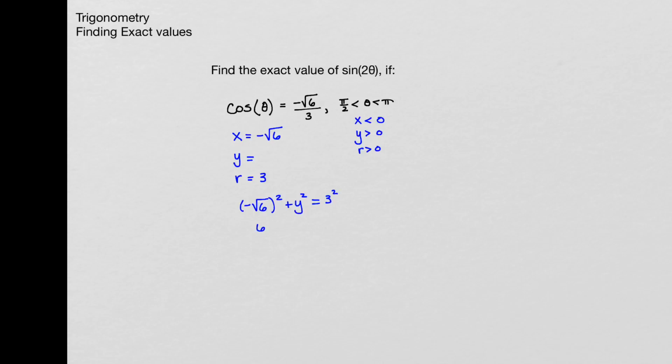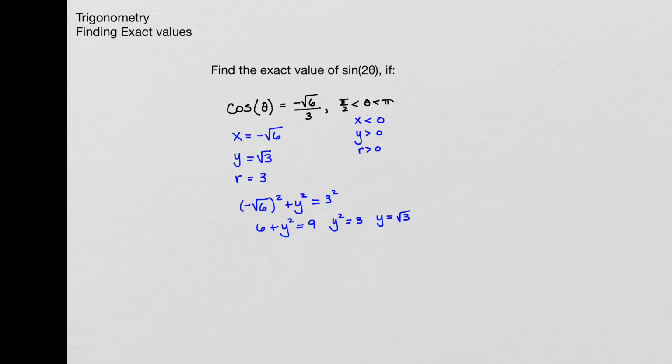When I work this out, I get 6 plus y squared equals 9, which means that y squared equals 3, and that means that y equals either plus or minus the square root of 3, but I know that y is positive because we're in quadrant 2. So that means that y has to be the positive square root of 3. And so I put that in for y.